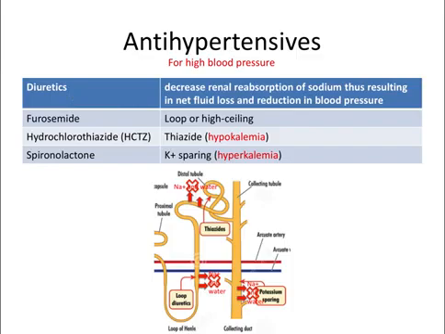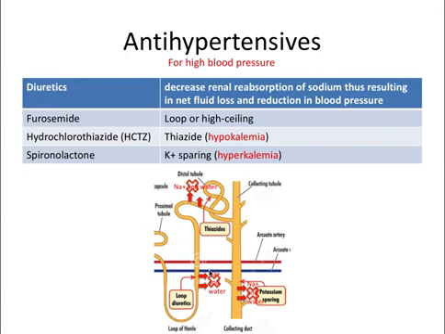And because water follows sodium, more water is trapped in your urine as well. And this is why diuretics are sometimes called water pills. So a very basic understanding is that diuretics will make you pee more. And diuresis is just another fancy name for urination.